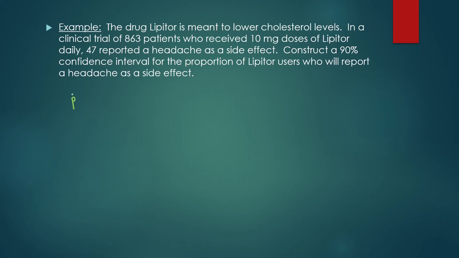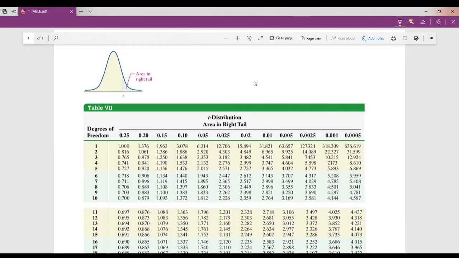P hat is known to be 0.054, and we know that z can be obtained from our t-table. We need to use the formula 1 minus the level of confidence, divided by 2. In our case, we have a 90% level of confidence, so I'll take 1 minus 0.90 divided by 2, and this yields 0.05.